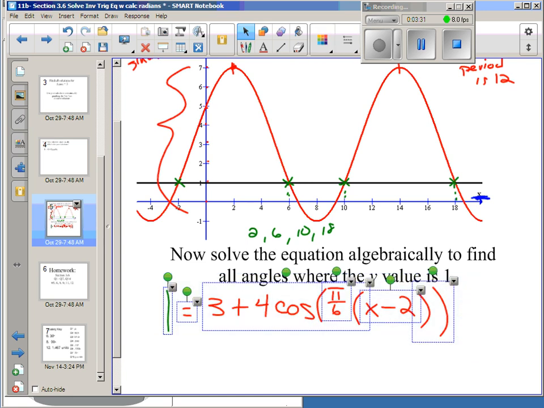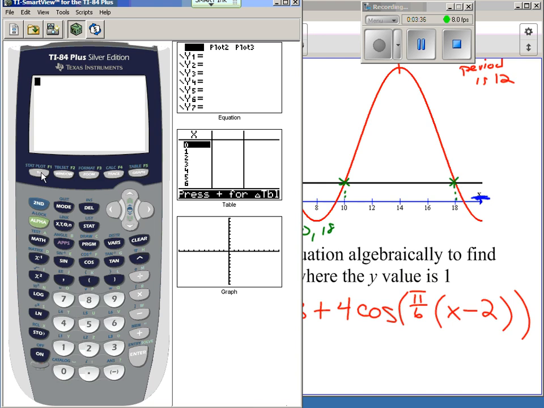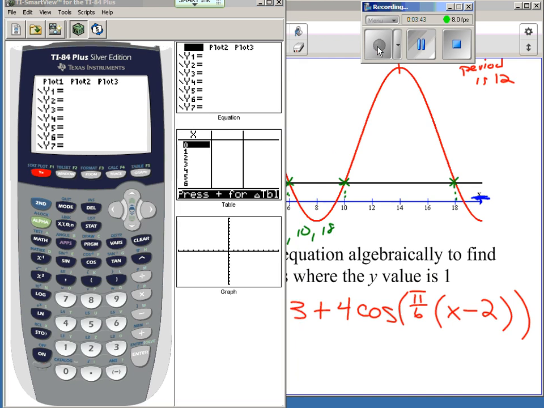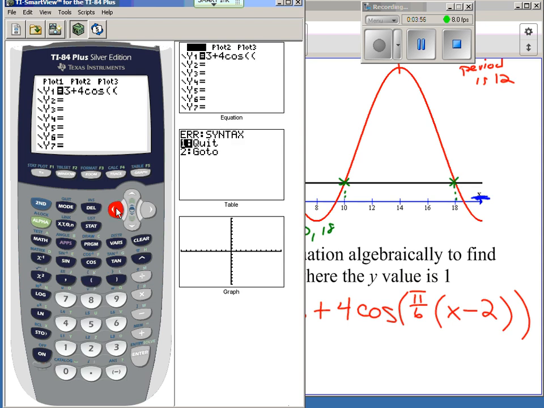Let's throw this over here. There we go, so I can hopefully still see it. So in my y equals, I'm going to put my equation, 3 plus 4 cosine, and then I'm going to need pi over 6, and then I'm still inside my cosine, x minus 2.